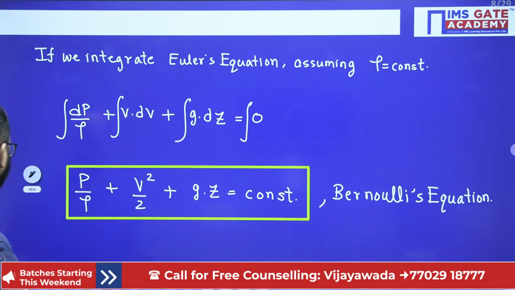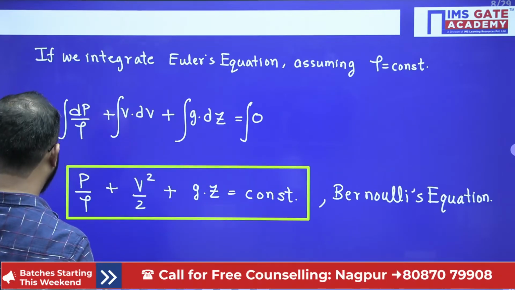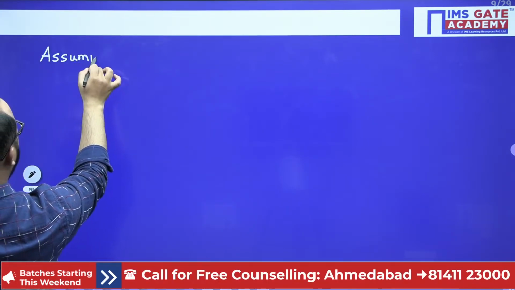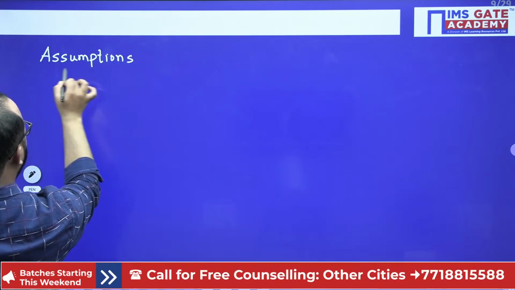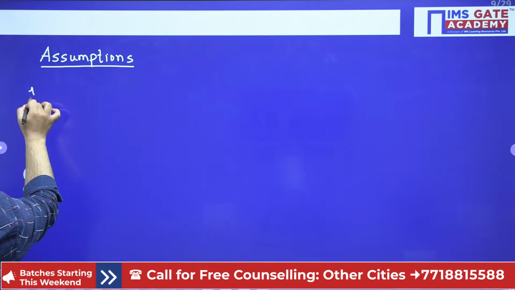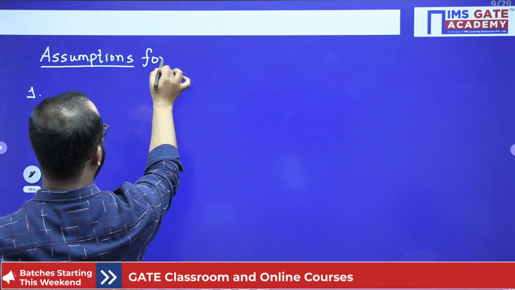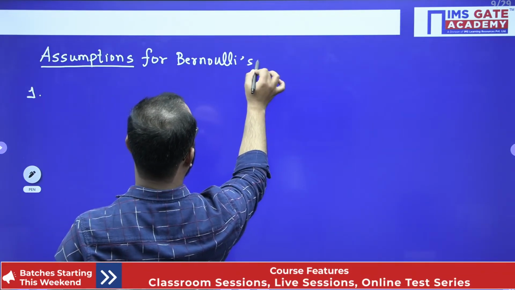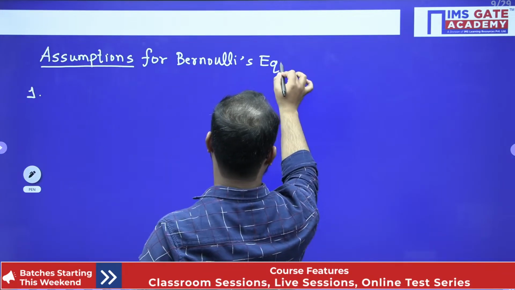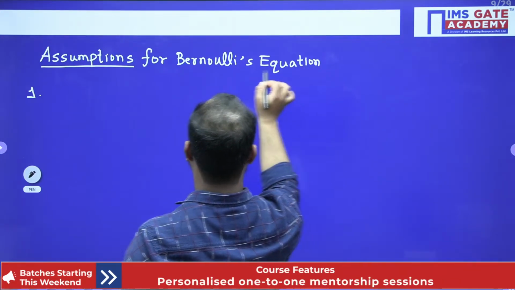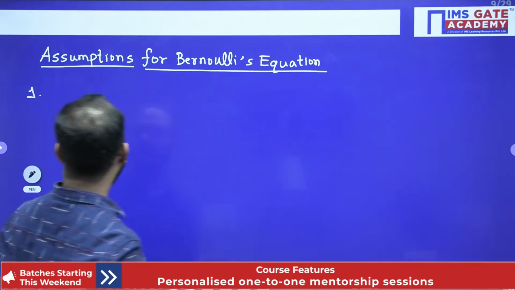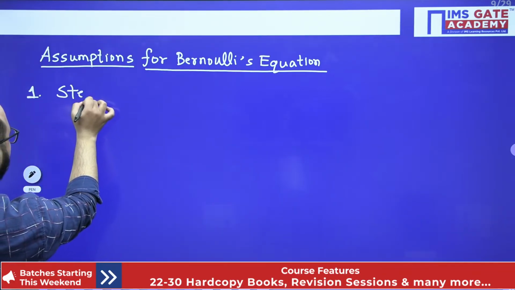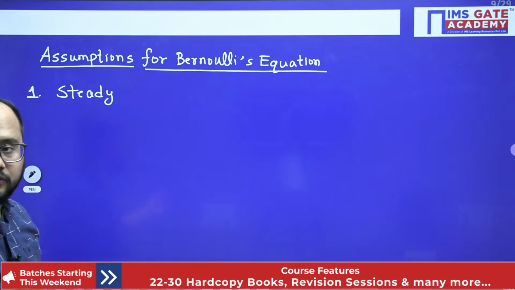Correct? Okay. Now, some assumptions we will write here for steady flow, for Bernoulli's equation. The first point is the steady flow, which we initially took while deriving the Euler's equation, right?